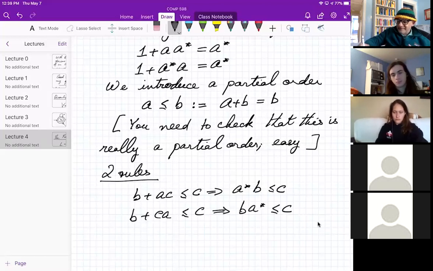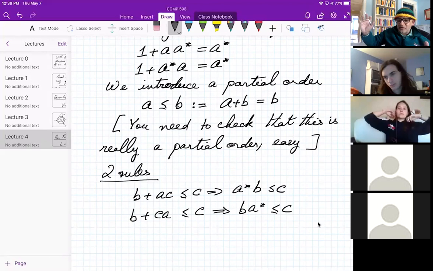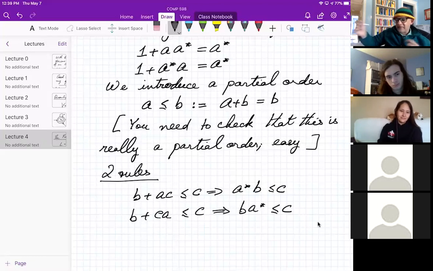It's basically each pair is really more or less the same rule. It's just that the damn thing is not commutative. So I have to write both versions with each one on either side. Okay, so that's it. That's the definition of a Kleene algebra.